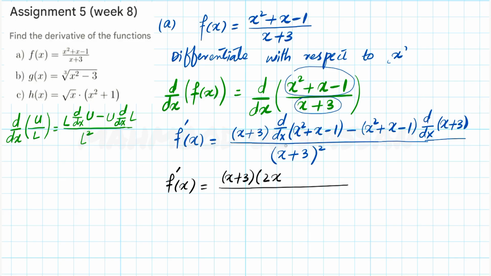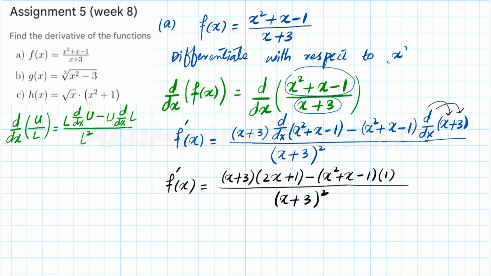We use the power rule here. The derivative of x is 1, and the derivative of a constant is 0. Then minus x squared plus x minus 1 times, and we apply the sum rule here as well. The derivative of x is 1 and the derivative of 3 is 0. That will become 1 here, divided by x plus 3 whole squared.